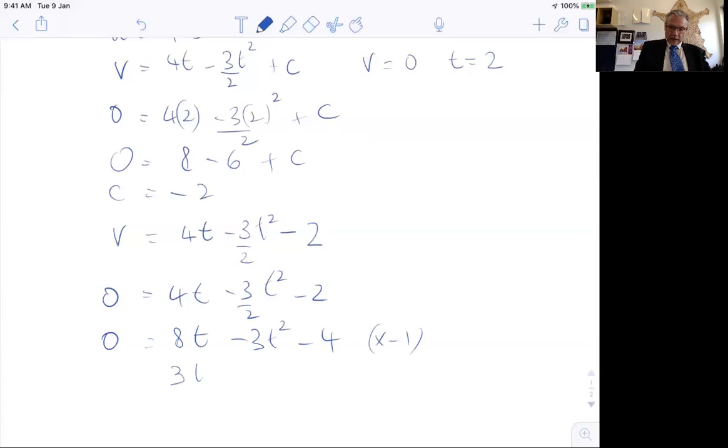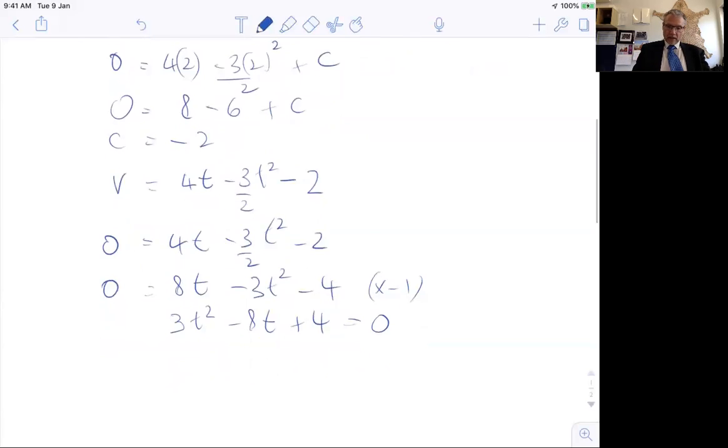So 3t squared, I'm shifting that over here, minus 8t plus 4 is equal to 0. By the way, if all of this is a little complicated, I could have taken A equal to negative 3 over 2, B equal to 4, C equal to negative 2, and put that into the quadratic formula, and I would have got the result.